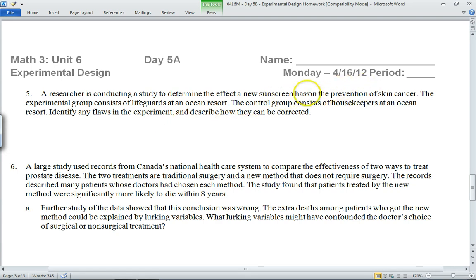If we're measuring the effect that sunscreen will have on preventing skin cancer, there's a big problem if we let one group be lifeguards and then we let another group be housekeepers. If you're going to have two groups and you want to eliminate the lurking variables, it's important that the two groups are the same, if possible, except for one has sunscreen and one doesn't have sunscreen.